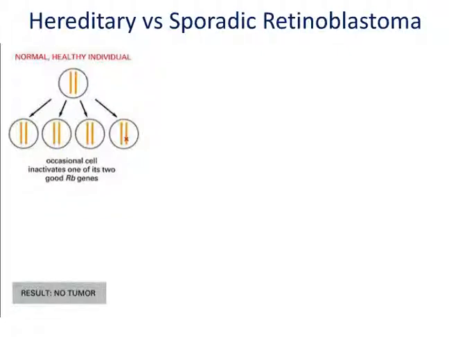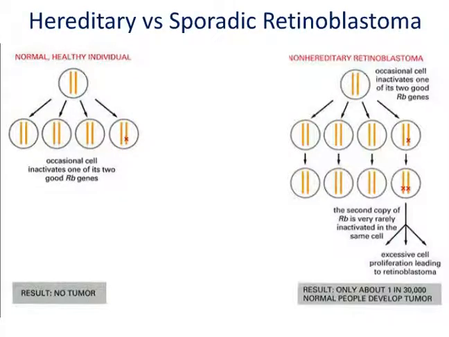A developing retina contains about 4 million retinoblasts, or precursor cells, of which occasionally one cell will have an inactivating mutation occur in one retinoblastoma allele. However, tumors will not develop because the other allele is functioning and producing enough retinoblastoma protein to retain control of the cell cycle.